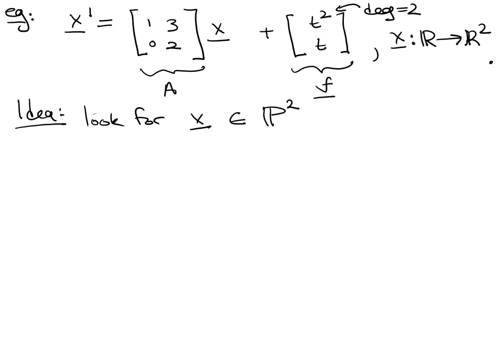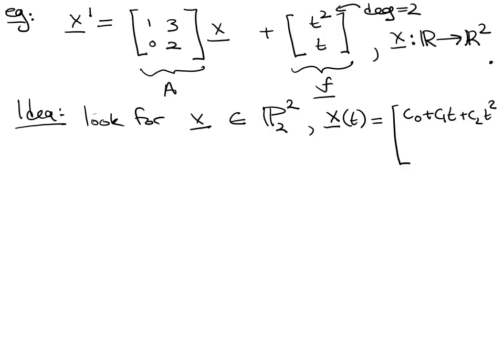And as we saw in the case of second order differential equations, to solve an inhomogeneous equation where the inhomogeneous term is a polynomial of degree 2, you just need polynomials of degree 2. So we're going to make the same guess here. We're going to look for x being a vector of polynomials of degree 2. In other words, x of t should look like a vector with entries c0 plus c1 t plus c2 t squared.